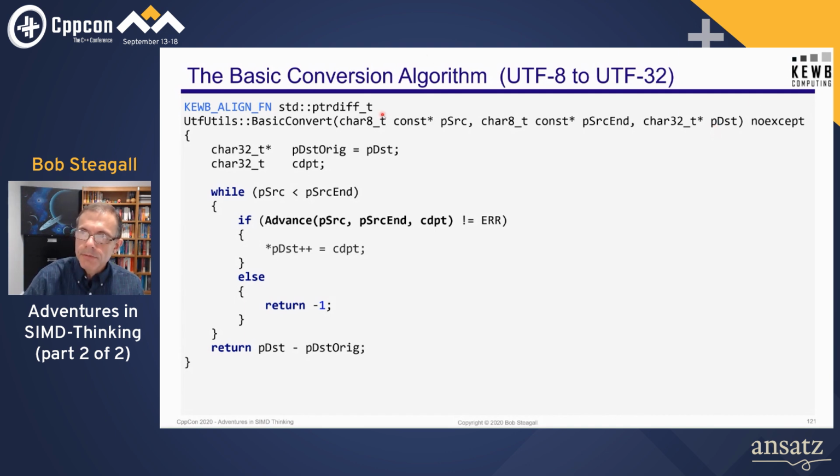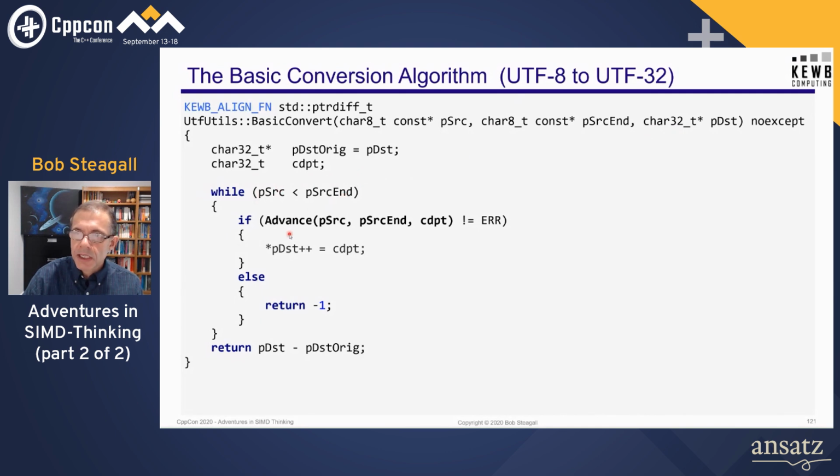So the stream of octets is called code units in UTF lingo, and the char32 is the representation of the code points, which are the actual character values, if you will. That's not the right definition, but that's the best I can do at the moment without doing the rest of the presentation.